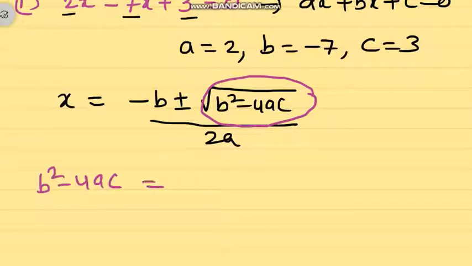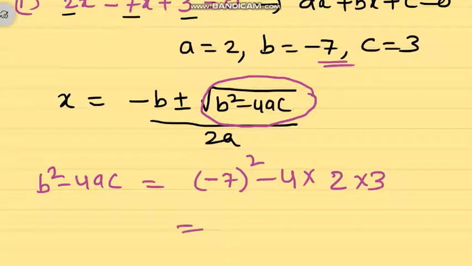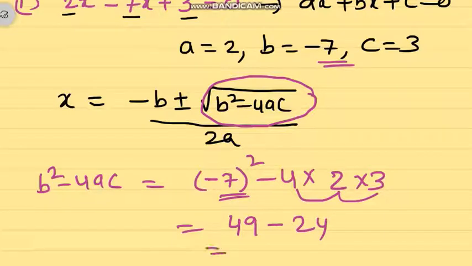That will be minus 7 whole square minus 4 into a, which is 2, and c, which is 3. So minus 7 whole square means 49, minus 4 times 2 is 8, and 8 times 3 is 24. So that will be 49 minus 24, that will be 25.